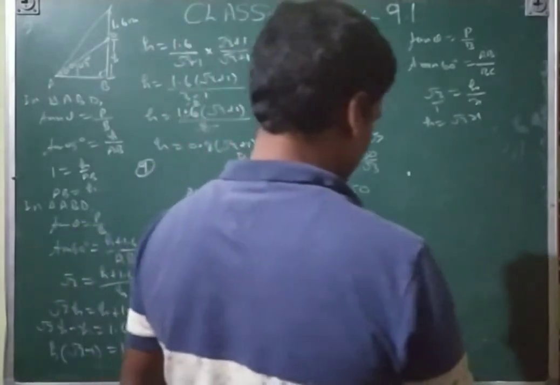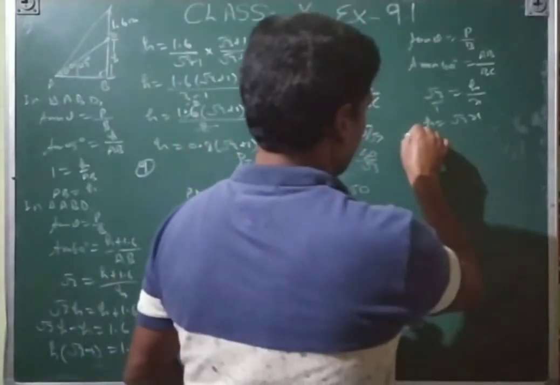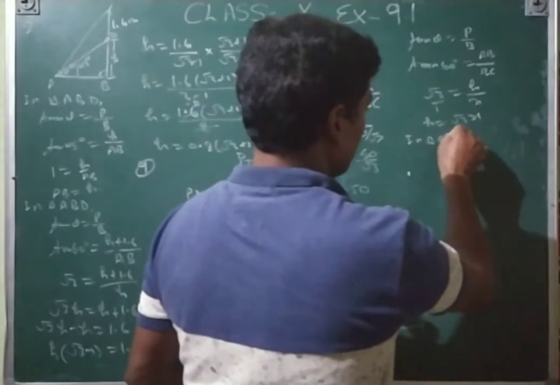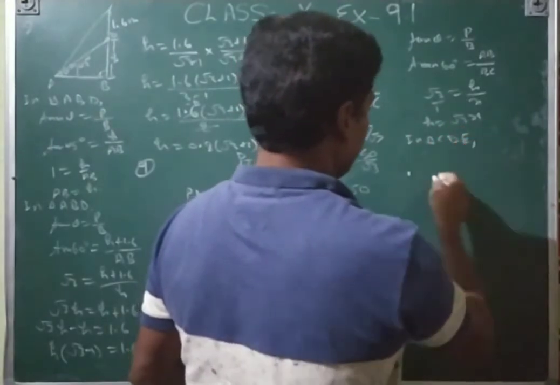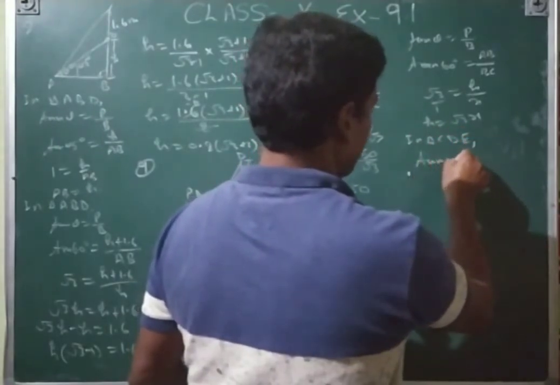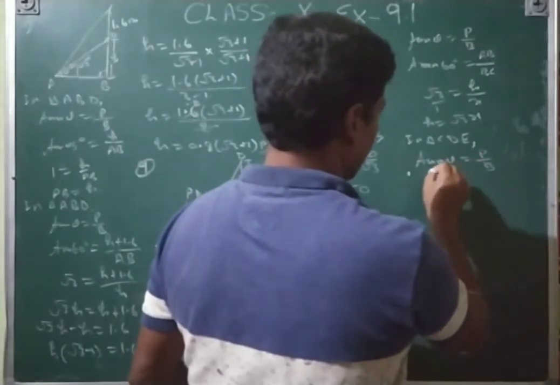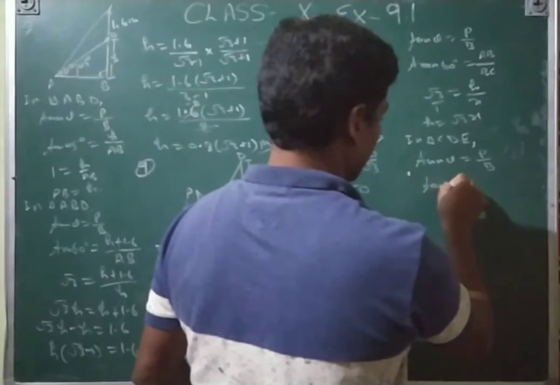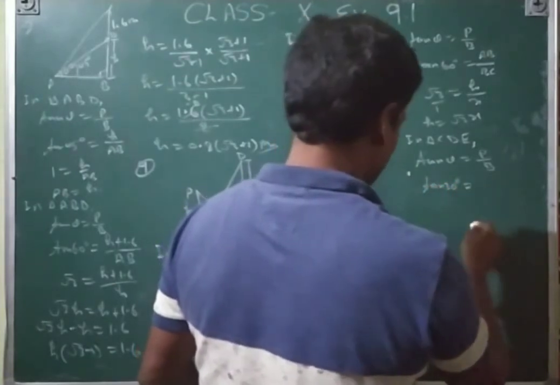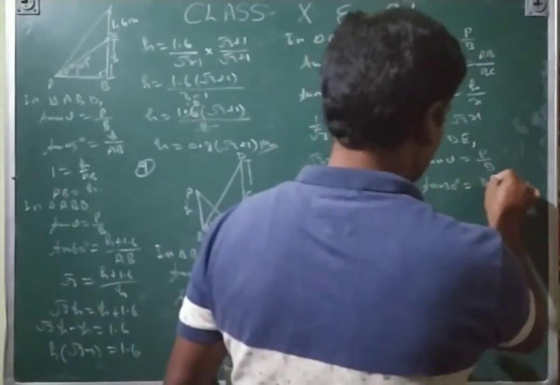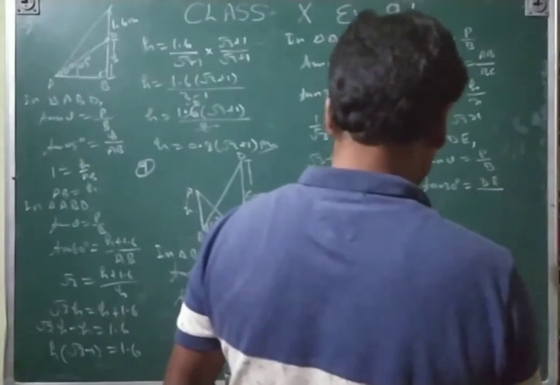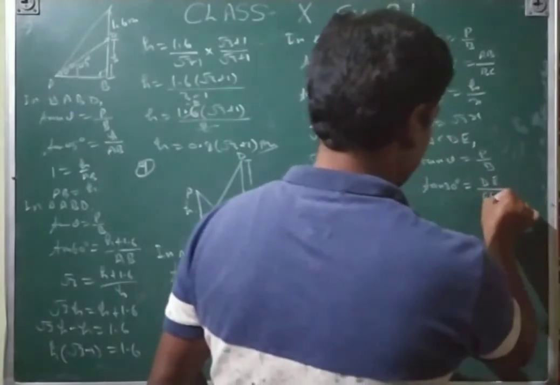Now in triangle CDE, tan theta is equal to perpendicular upon base. So tan 30 degrees is equal to perpendicular DE upon base CD.